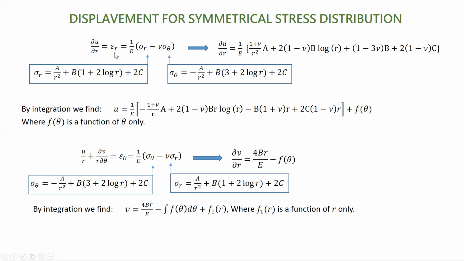And in addition, we know that the shear strain is related to the displacements u and v, and we gave the formulas for that. But in this problem, shear stress is 0.